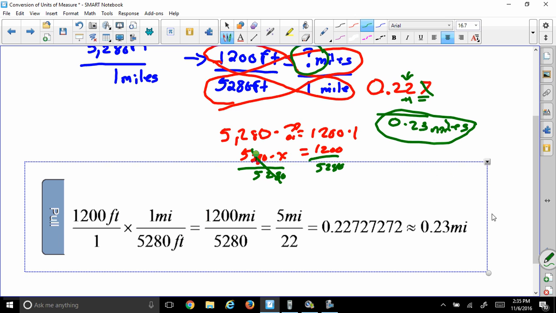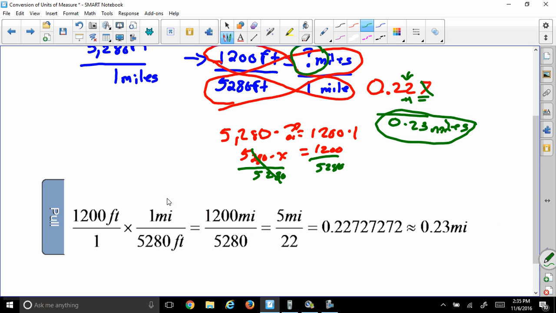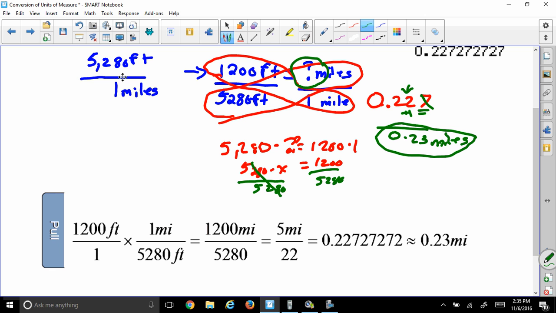Here's the other way you could have done it. So when I started, I noticed I had my feet up there and started with miles. So always start with the number that you're looking for over 1. And then use your multiplication of the identity element.